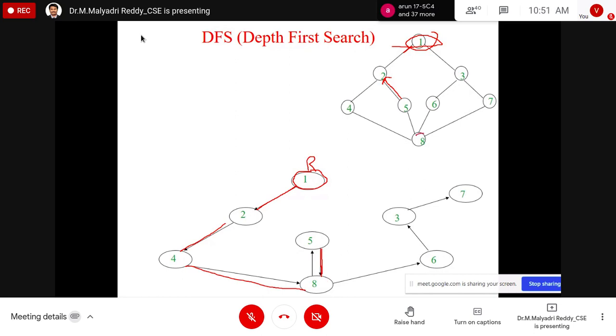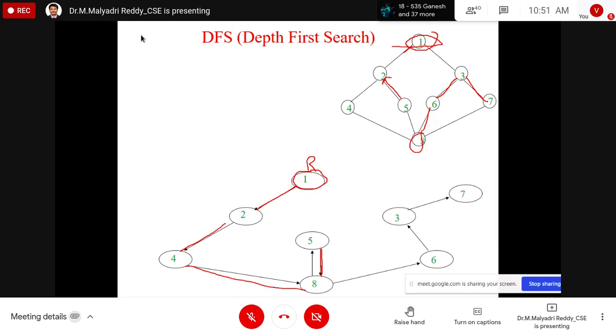From 8 we choose the leftmost node, which is 6. Now 6 has only the 3 node available, and from 3 the only unvisited node left is 7. So it goes to 7. That is all.